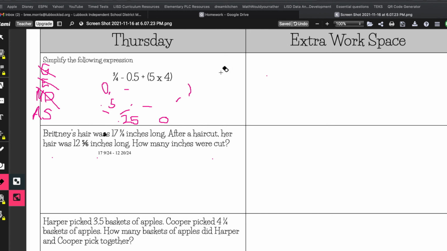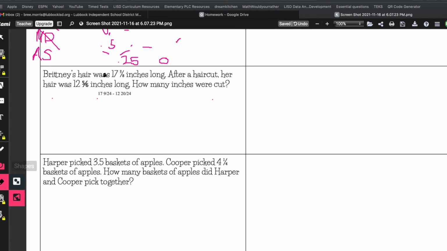Okay, that should be sufficient. Oh, I didn't know it would move it with it. Goodness me. Okay, Harper picked 3 5/10 baskets of apples. Cooper picked 4 1/4 baskets of apples. How many baskets of apples did Harper pick together?